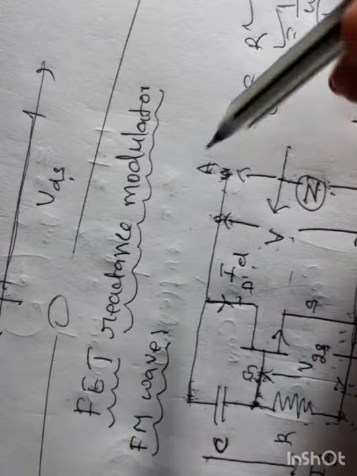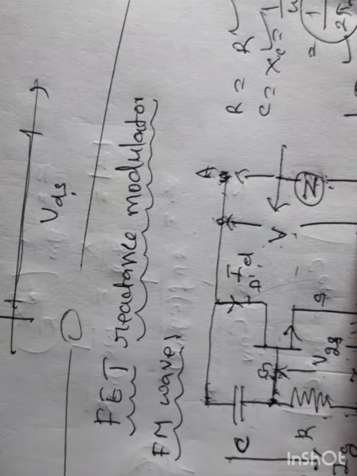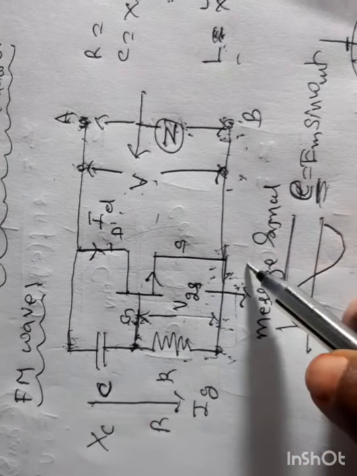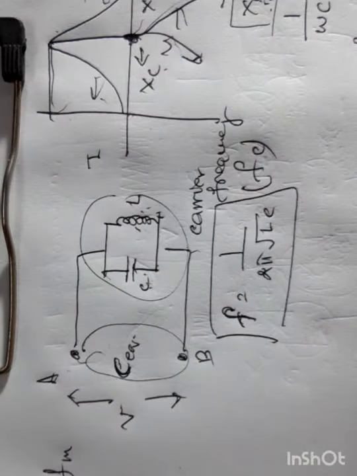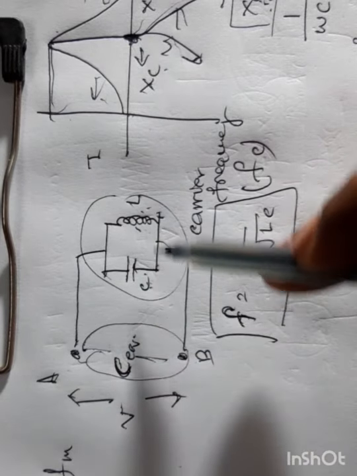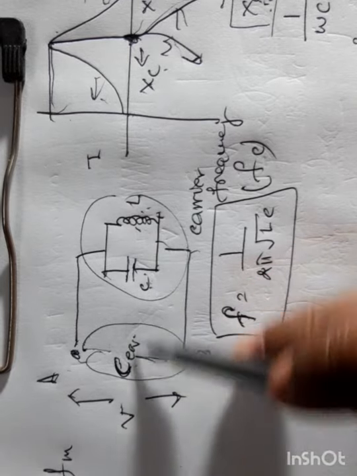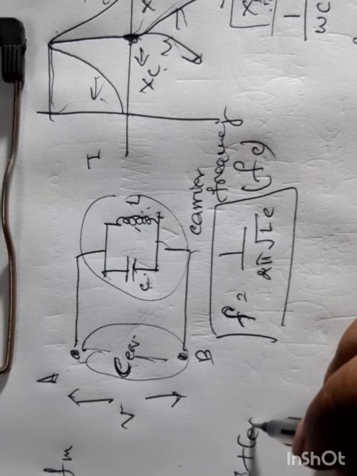Therefore, we can say that the reactance is directly proportional to the message signal applied between gate and source. If that reactance is applied to a tank circuit, if this is C, here is C equivalent, in parallel combination, the net capacitance is C plus C equivalent.